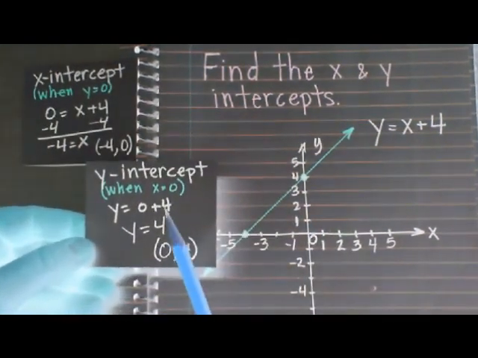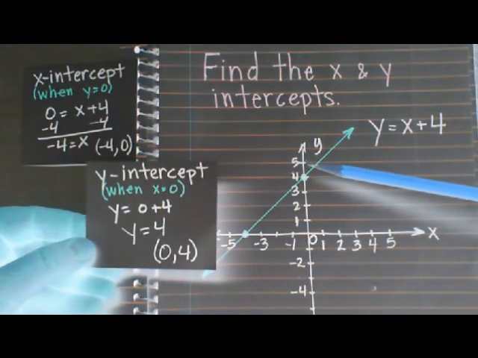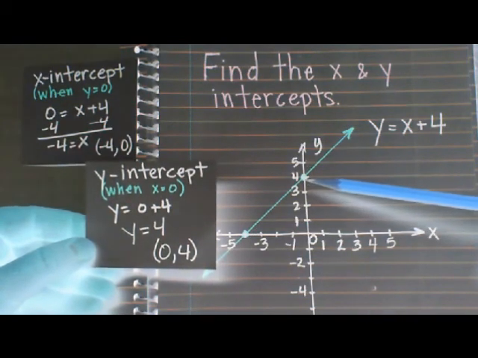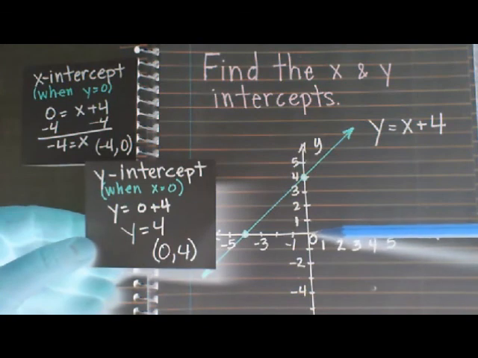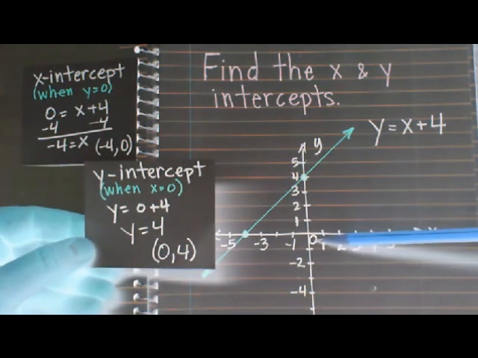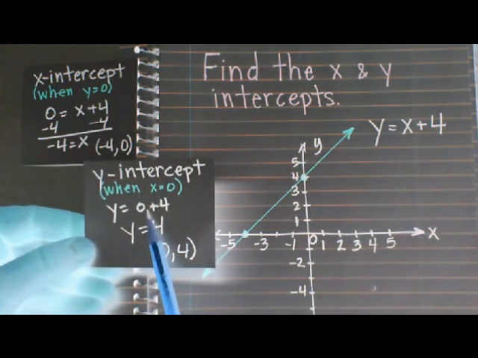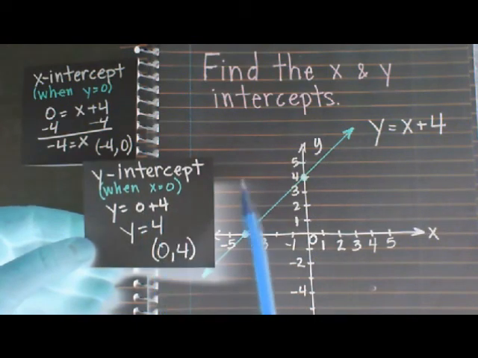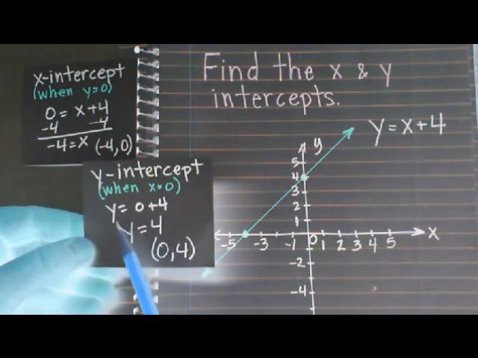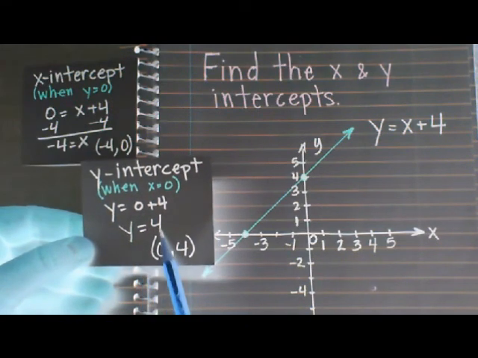In the same way, we figure the y-intercept where this line crosses the y-axis. It crosses the y-axis when x is 0. So we put in 0 for the x value. Wherever there was an x, in goes the 0. The result is y equals 4.